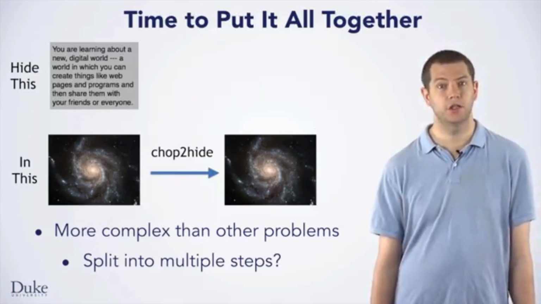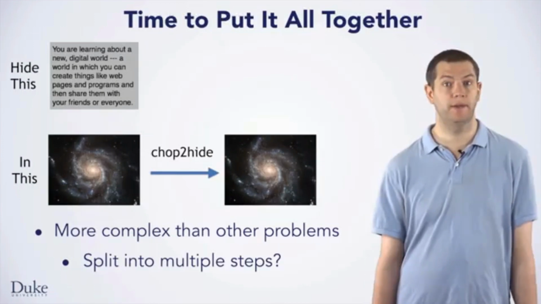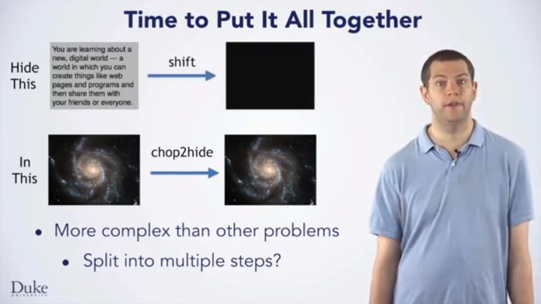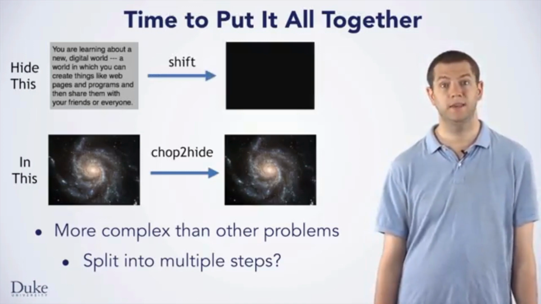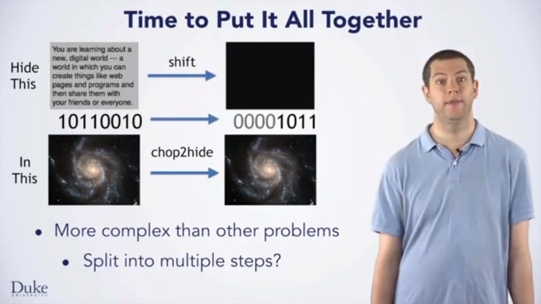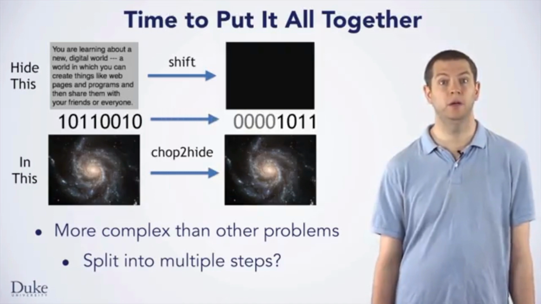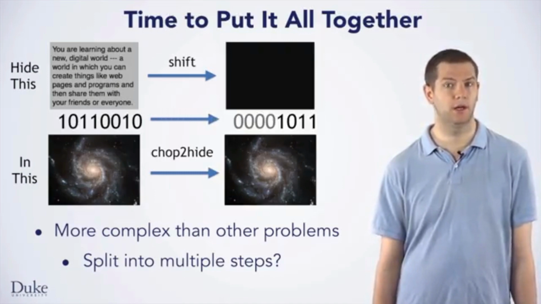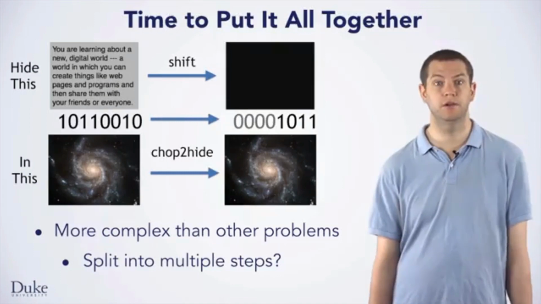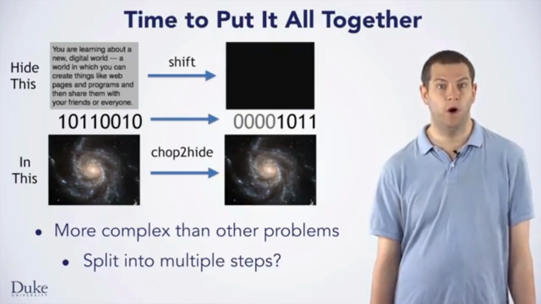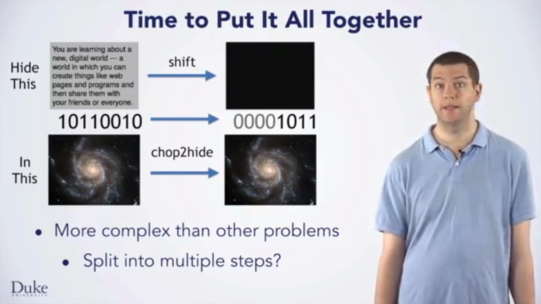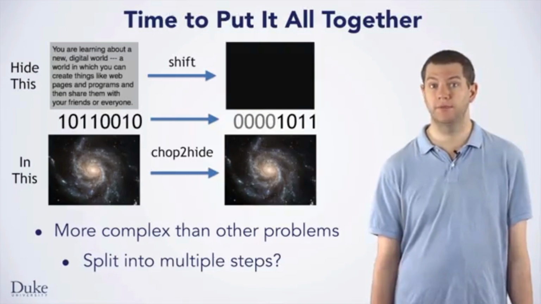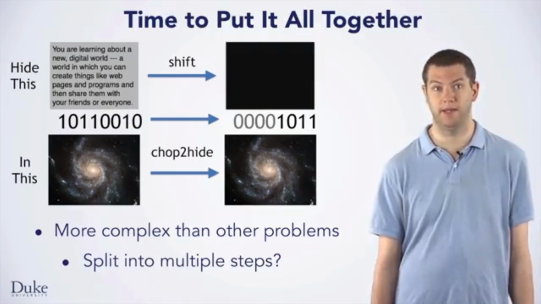The second function you might write would operate on the image you want to hide. We call this shift because it will shift the most significant bits over into the least significant bit positions. That is, you would take a color value like 1011 0010 and convert it into 0000 1011. The 1011 has been shifted from the most significant bits to the least significant bits.